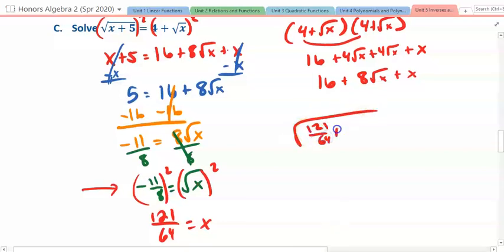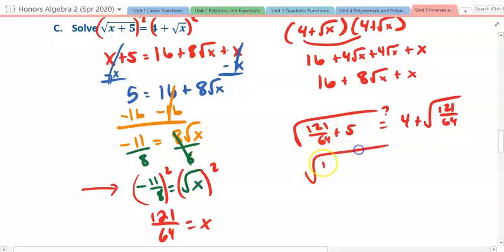121 over 64 plus the 5, is that equal to 4 plus 121 over 64? And so let's see what we get. This needs to convert to something over 64, and so 64 times the 5 is going to give us 320 over the 64. And so 4 plus square root of 121 is 11, square root of 64 is 8.